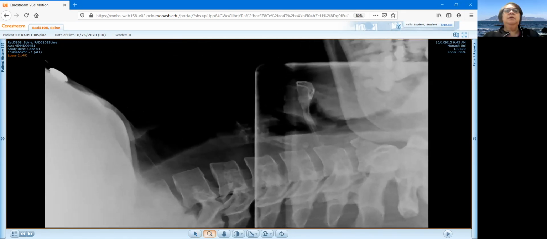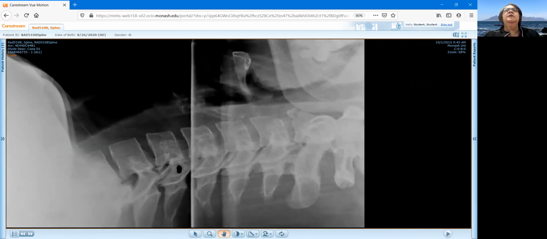If we look at the anterior vertebral line, you can see this is C2, and there is a fracture in the inferior corner of the anterior vertebral body. That is the typical appearance of a flexion teardrop fracture.